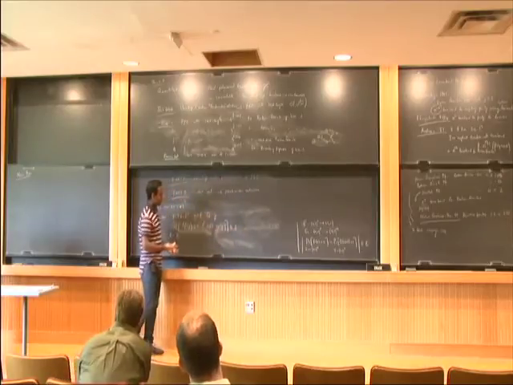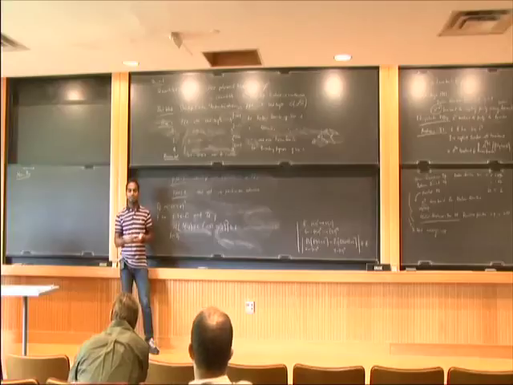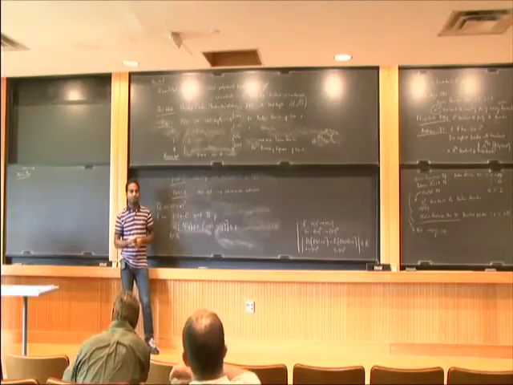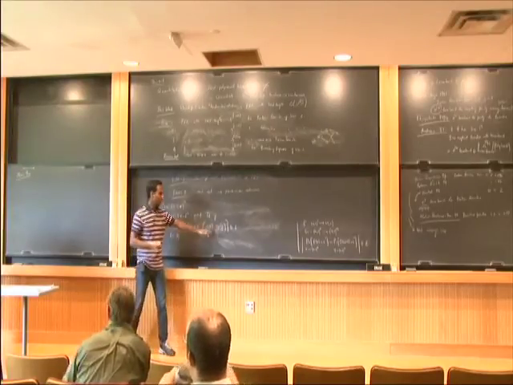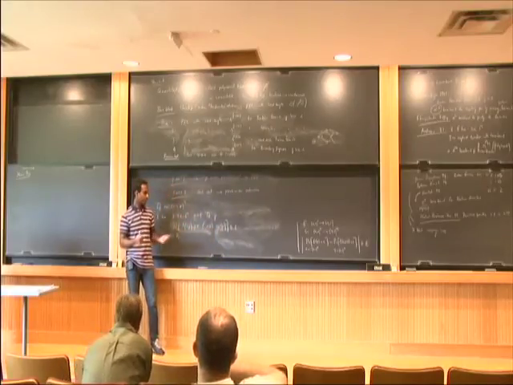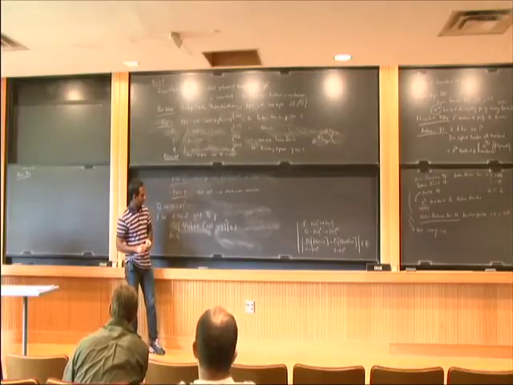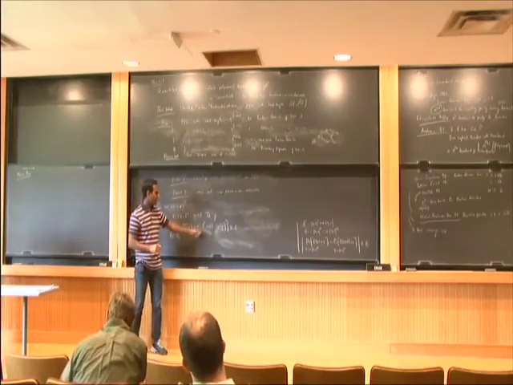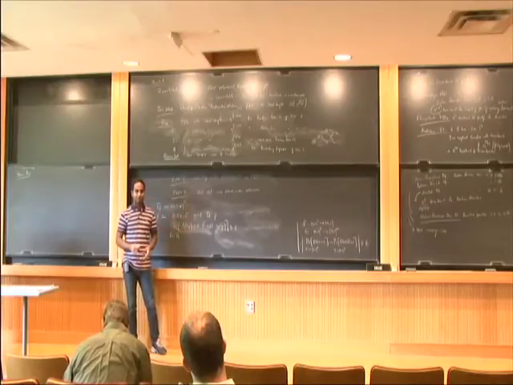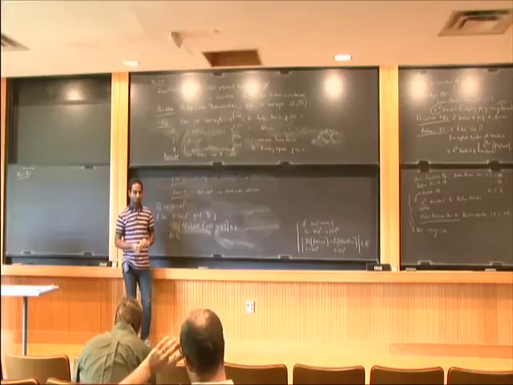The original definition of shrinkage basically said the expected size is small, and now I'm making it into a high probability statement. You can afford to lose this log 1 over epsilon because you're going from an expectation statement to a high probability statement. This c is just a constant. It might change, or there might be some hidden log factors, but let's not worry about that. This is the main thing.